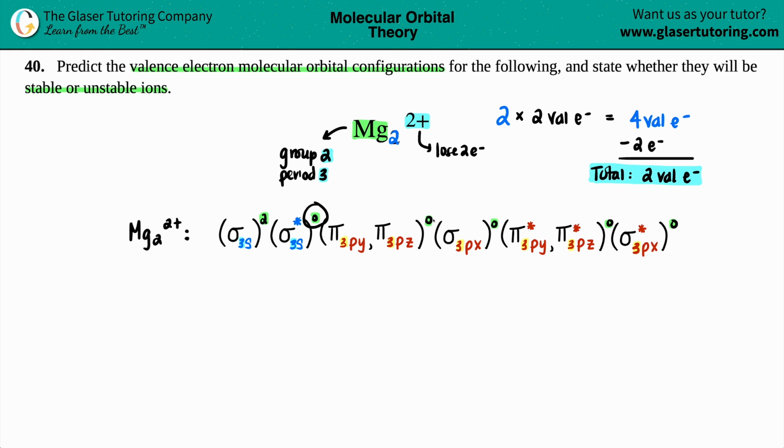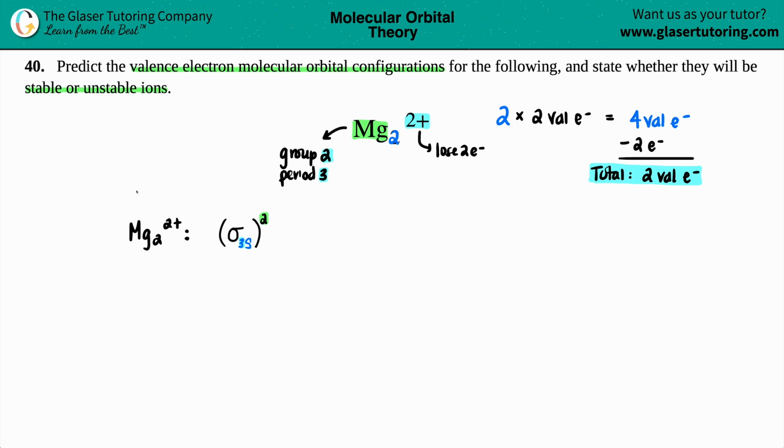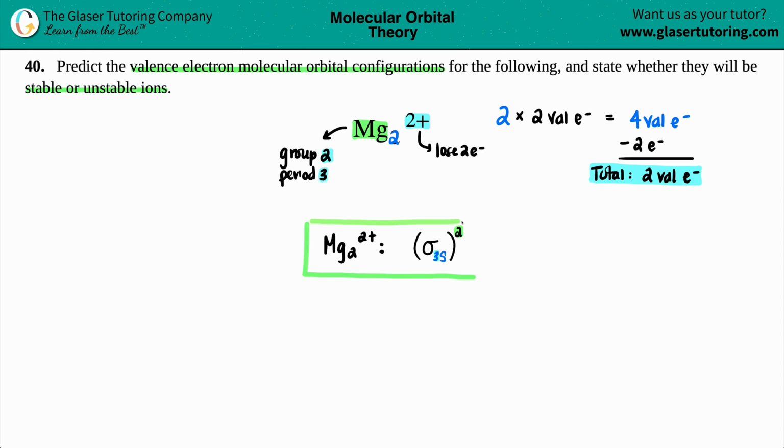So since we have 0 electrons in all these other orbitals, you could basically get rid of them. And that's what I will do. So, goodbye, toodaloo. You could also pause the video if you need to write it down, but bye-bye, it's leaving. So, in this case, we found out the valence electron molecular orbital configuration for this one.